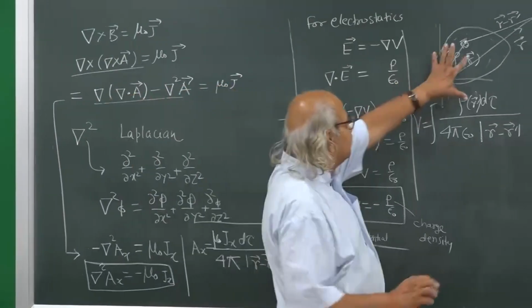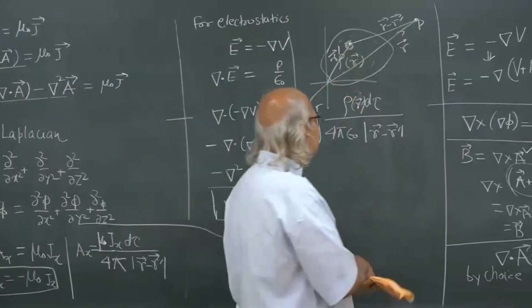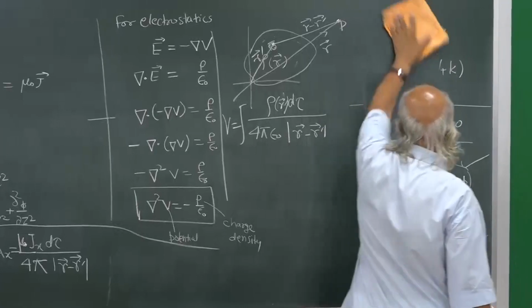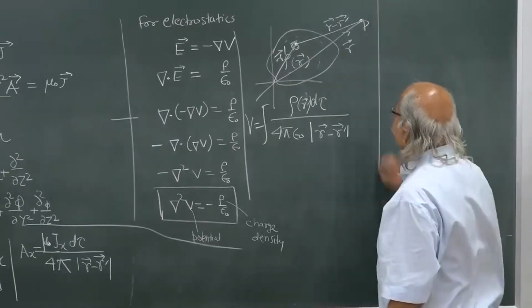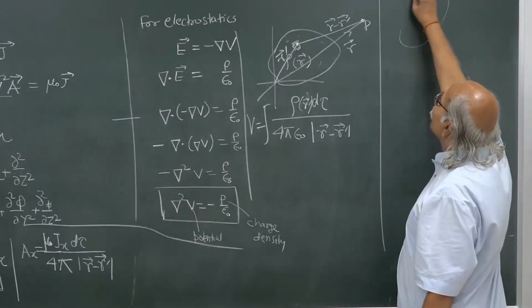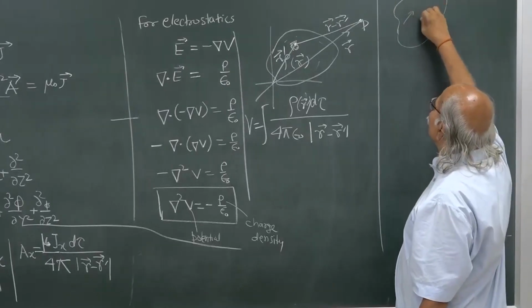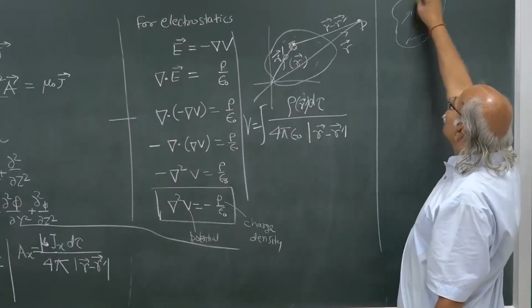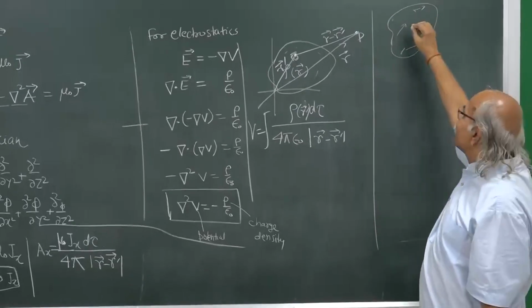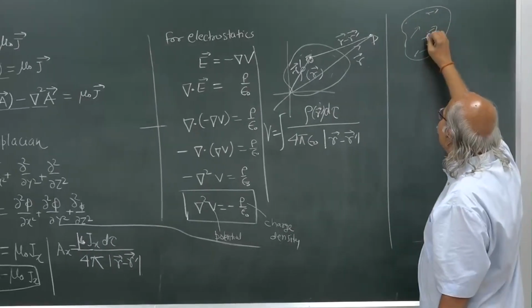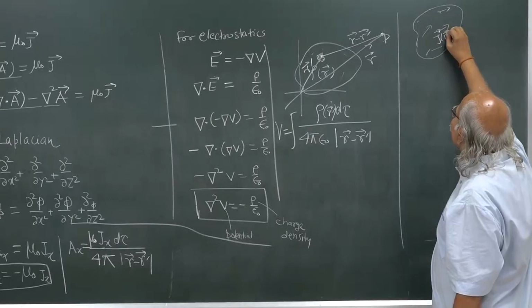And how does this figure translate? It translates identically. What I have is a volume, and in that volume there are some currents somewhere, and the current is described by current density J at this r.